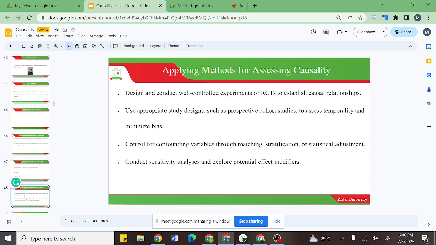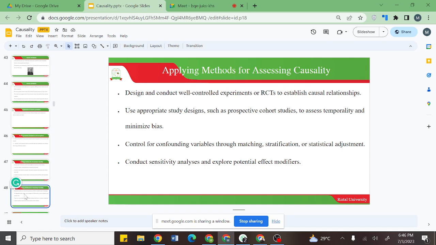Is what we are saying something that is real or is it happening by chance? Those are things that we really need to ask ourselves about.